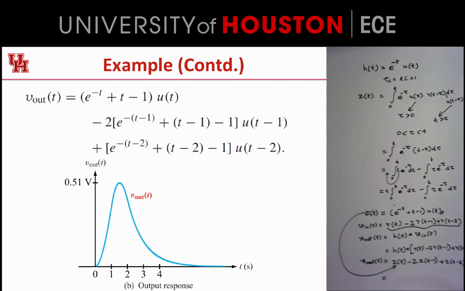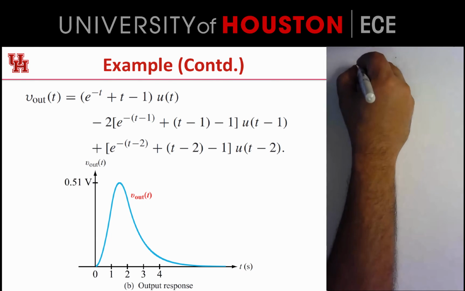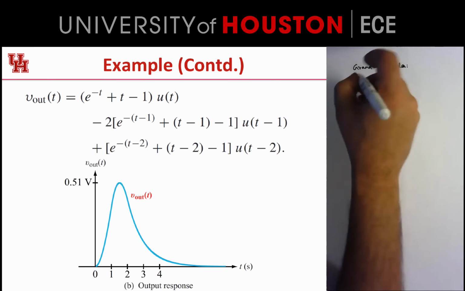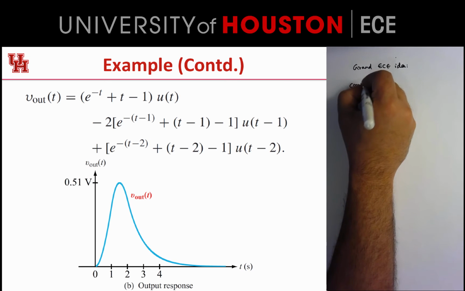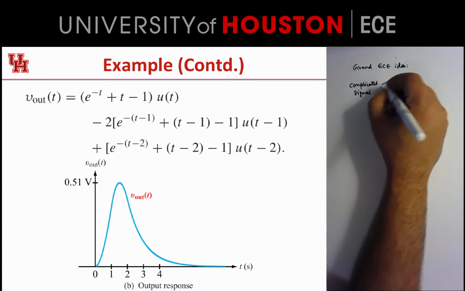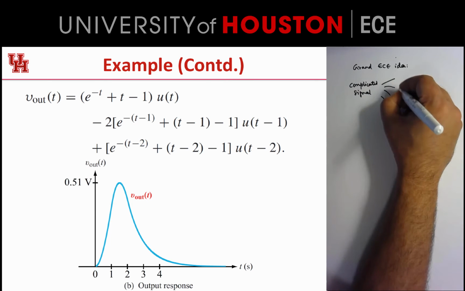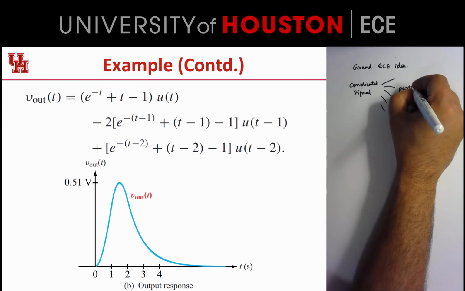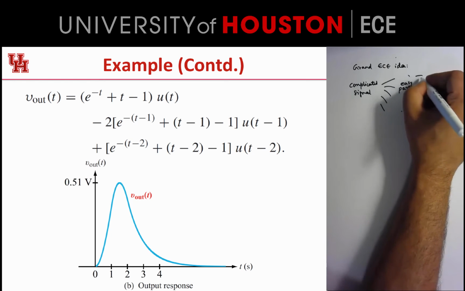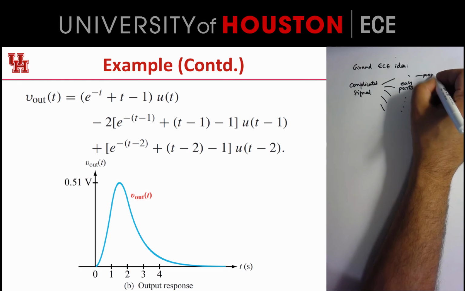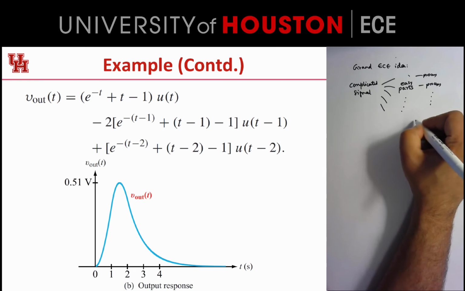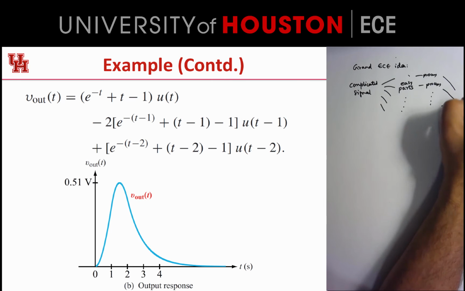Okay. Now again, the grand ECE idea that's at play here is the following: you've got a complicated signal, you break it up into little parts which are easy to deal with, you process each of these easy parts, and then you add up the results together.